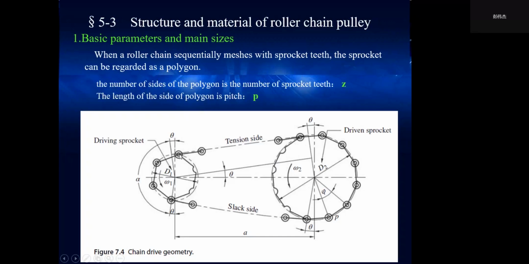And the length of the side of the polygon is the pitch P. And this circle is the pitch circle.